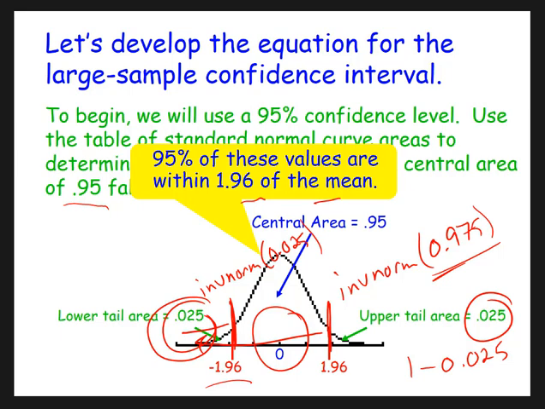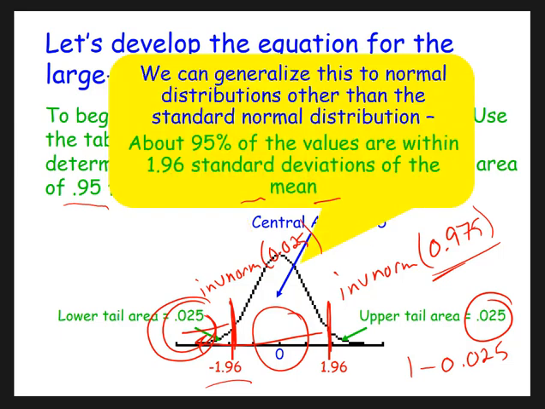So now we just need to convert those z-scores into actual values for the sampling distribution. We can generalize this to normal distributions other than the standard normal distribution. So this is for standard normal distributions because those are z-scores. To do that, we adjust using the standard deviations, or for a sampling distribution, the standard error.